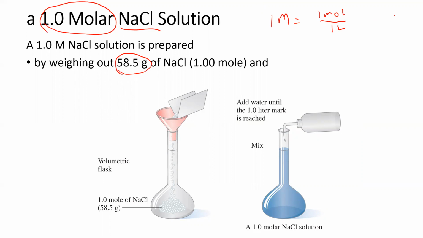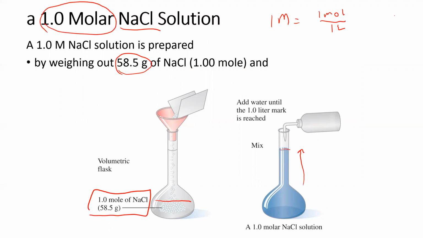grams. I can take a volumetric flask and put 58.5 grams of sodium chloride, which again is the solute, into the volumetric flask. Then I can fill the volumetric flask partially, mix it well, dissolve that solute, and then what I like to call is bring it up to volume to where the meniscus reads 1 liter.